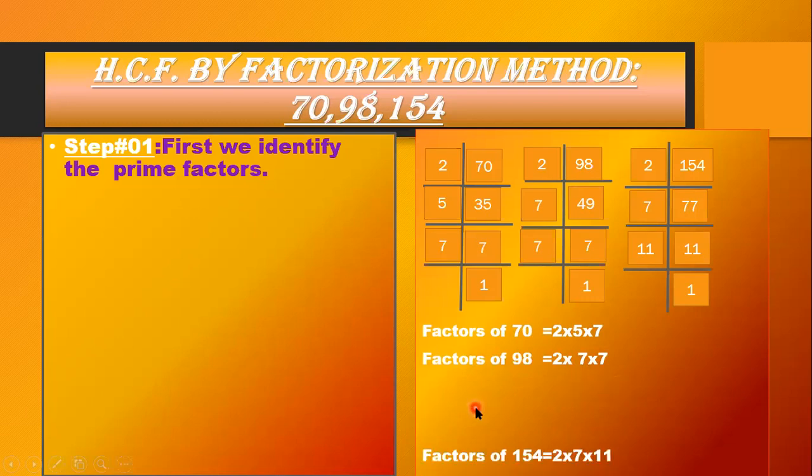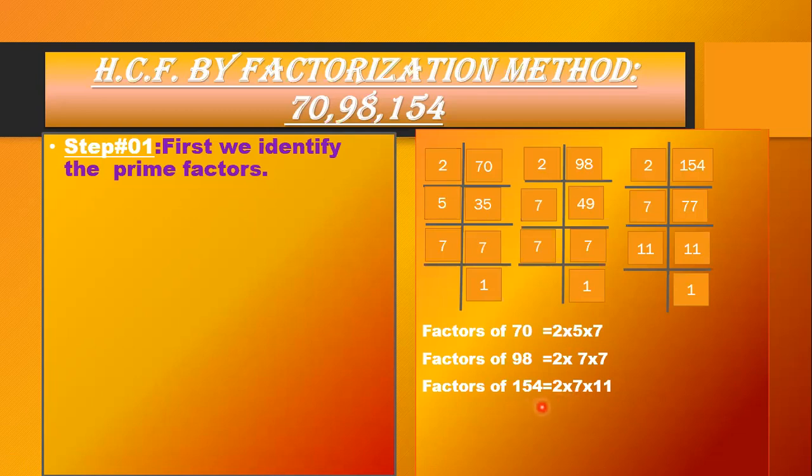Then factors of 154 are 2 multiplied by 7 multiplied by 11. Then what is the next step? We have to identify the common factors. Now look at here. Yes, 2 is common here. Then 7 is common here. So it means there are two common factors, 2 and 7.